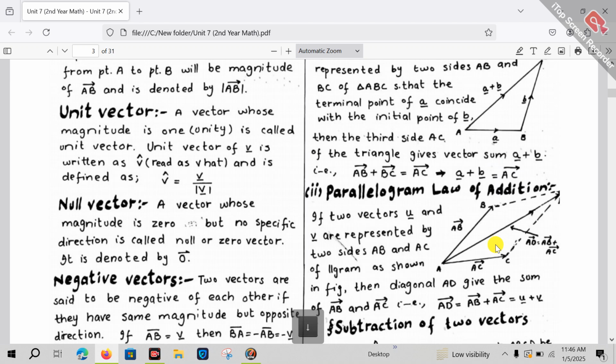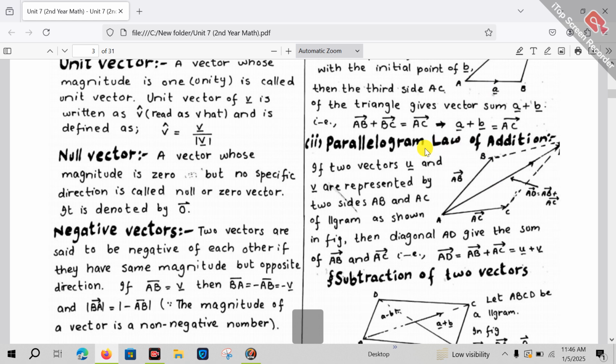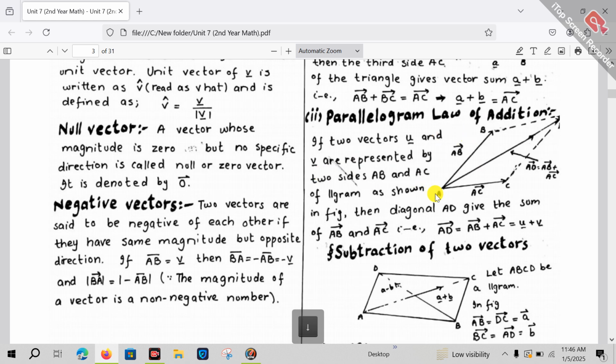The second method is the parallelogram law of addition of vectors. Here consider a parallelogram ABCD. If two vectors u and v are represented by two sides AB and AC of a parallelogram, this is a parallelogram, this is side AC, this is side AB.